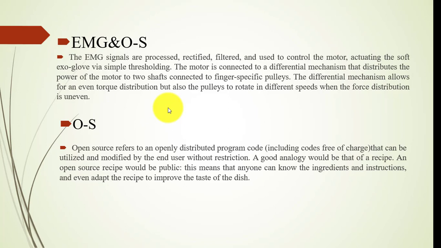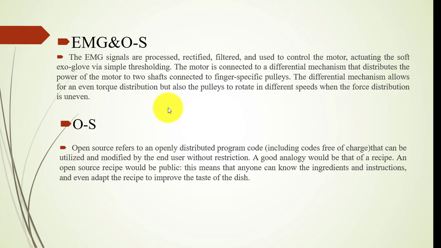The motor is connected to different mechanisms that distribute the power of the motor to the connected fingers, moving the fingers and the different joints, with torque distribution, rotation, and movement in different directions at high speed.